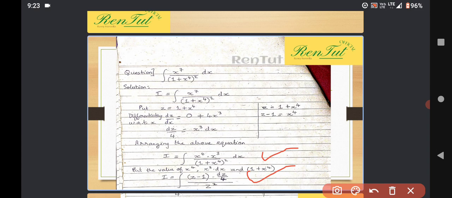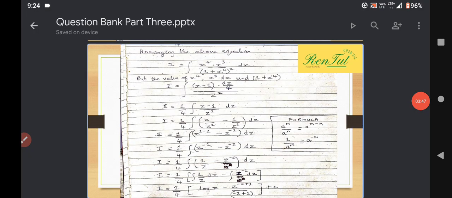The last, you can see I is equal to z minus 1 into dz divided by 4 divided by z square. Now you can see the question has got transformed.